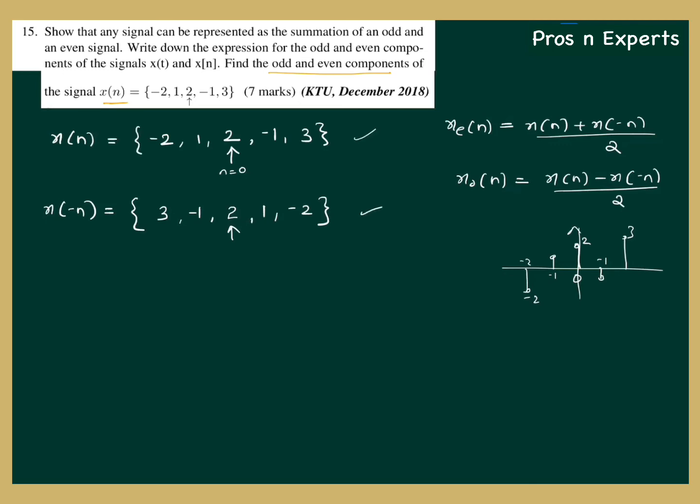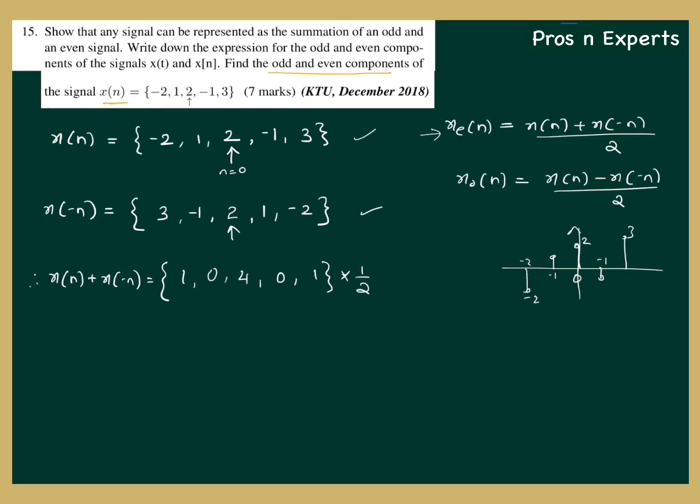Now we find xe of n. We can find x of n plus x of minus n. You just add the corresponding sample values. So you add minus 2 and 3, that will give you 1. Then you add 1 and minus 1, 0, 2 plus 2, 4, 1 plus minus 1, 0, 3 minus 2 is 1, but do not forget to multiply it by 1 by 2.